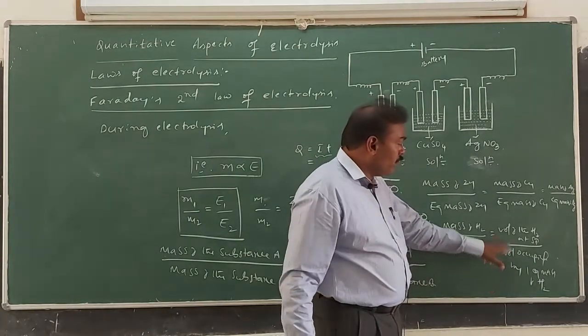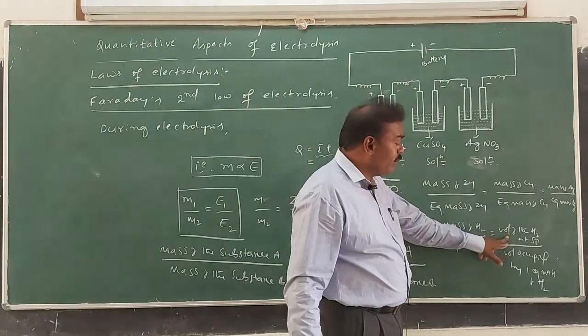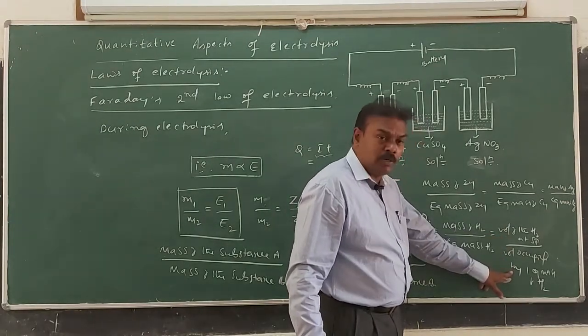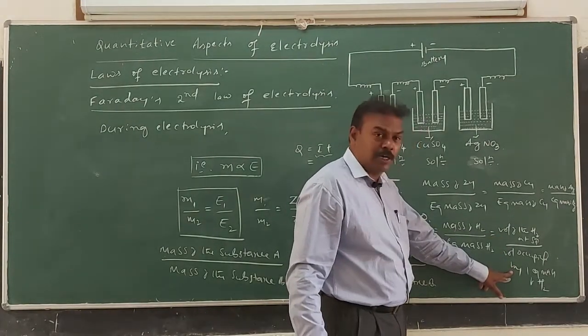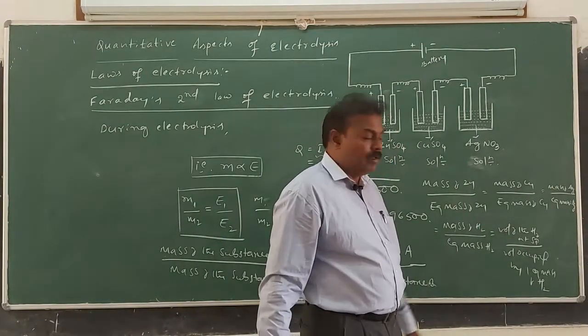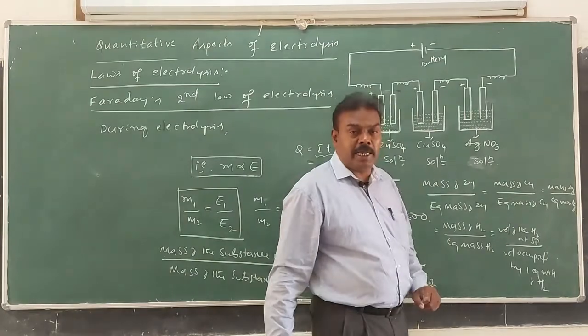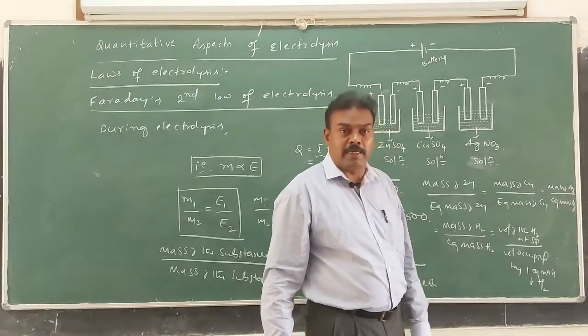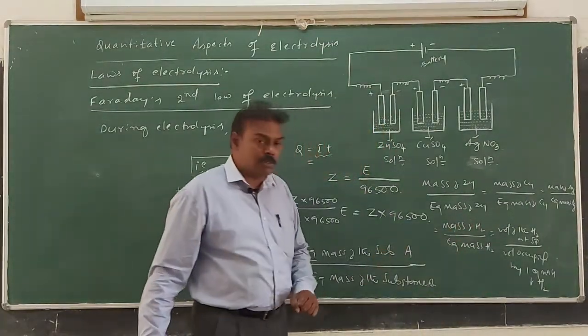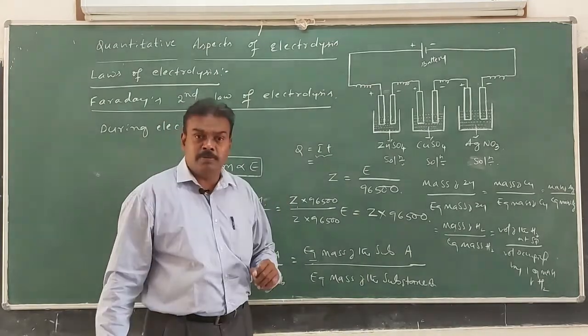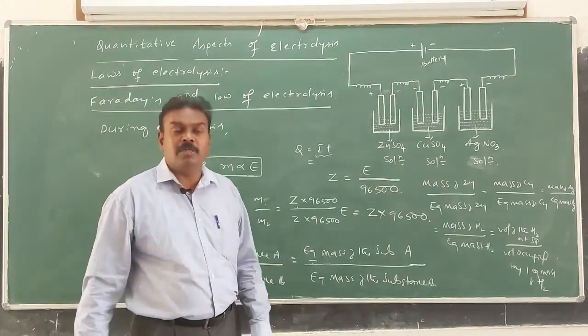The volume occupied by the 1 gram equivalent mass of hydrogen will be equal to 11,200, or 11.2 liter also we can take. So this is what is called the application of Faraday's second law of electrolysis.